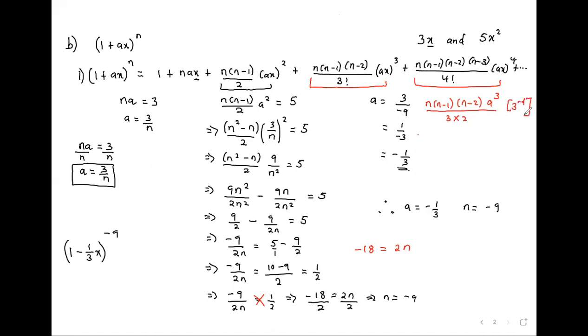The fourth term is n minus 1, n minus 2, n minus 3 over 4 times 3 times 2, times a to the power 4. This is the fourth term.